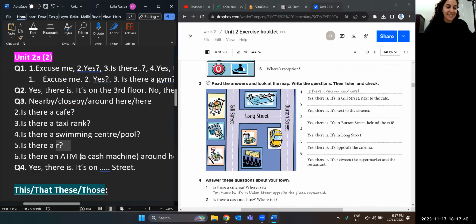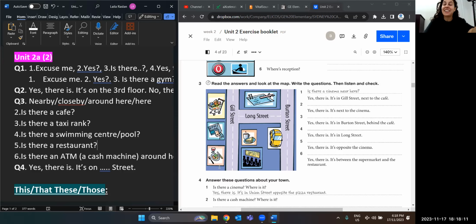And 5, is there a restaurant? And it still is good because if I look at number 2, is there a cafe? It's next to it, next door. And then opposite, across the road. So 2 is cafe. 5 is restaurant. Easy?